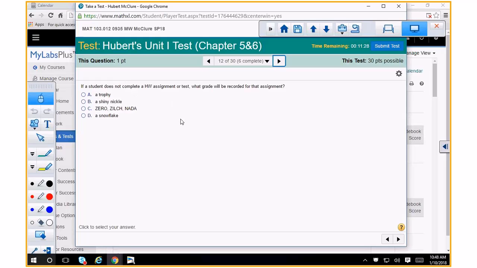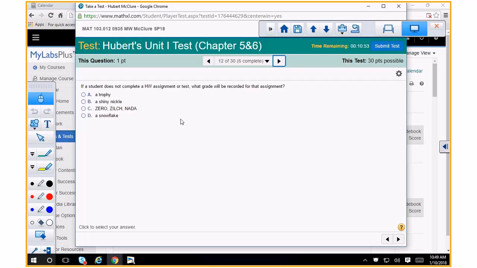If a student does not complete homework or test, what grade will be recorded for this assignment? You would not believe how many students are surprised when the last day of finals hits and they have several homework sections that they haven't done, they missed a test, and they made bad on the final, and they wonder why they got a C. I would say probably a third of the class will be totally confused.